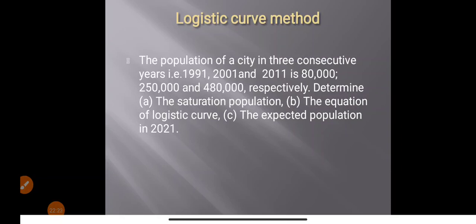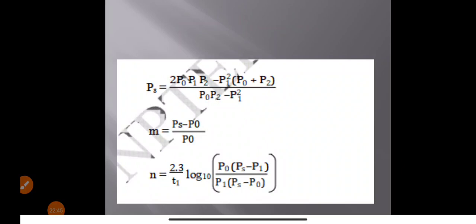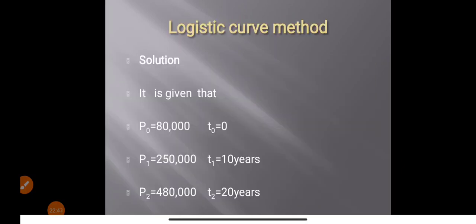This is what we have to note down. And what is T, the time taken? T naught is equal to 0 and T1 is 10 years, since from one decade to the next the difference is 10 years, and T2 is equal to 20 years. This we have to take down.